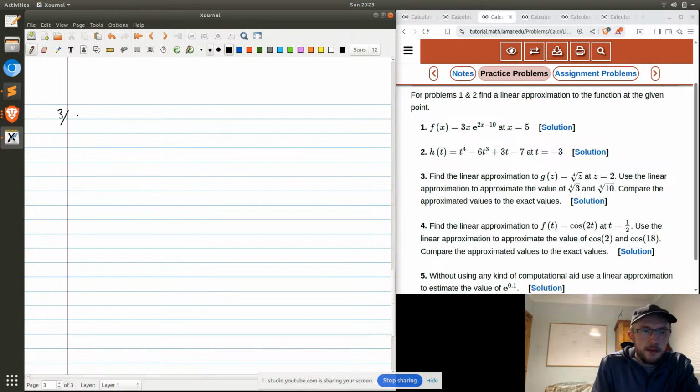So, first, we state that g of z is z to the 1/4.